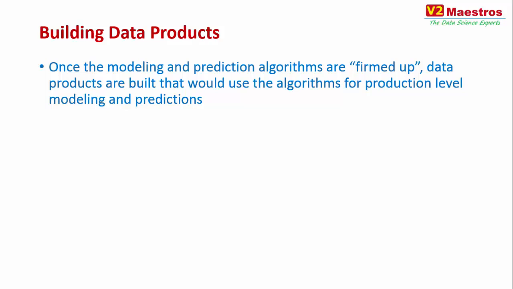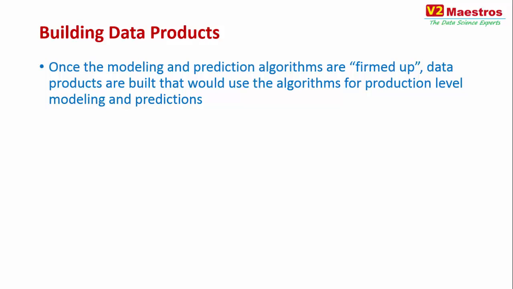They have to be running continuously, regularly, and keep getting data and producing these models. And of course, the prediction part of it runs real time, batch mode, whatever way it has to run. That again is another data product that runs regularly and uses the model that has been built to make predictions when and wherever it is required. So building data science products is the final part.